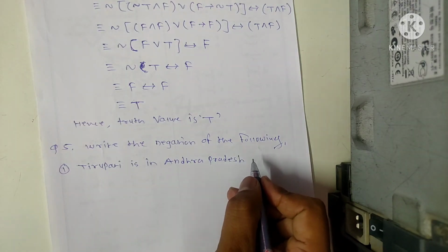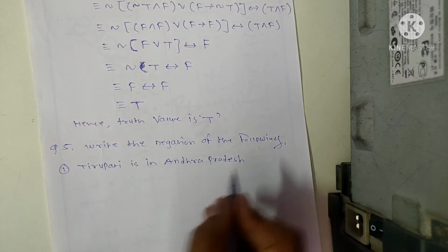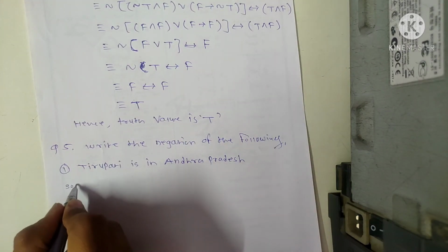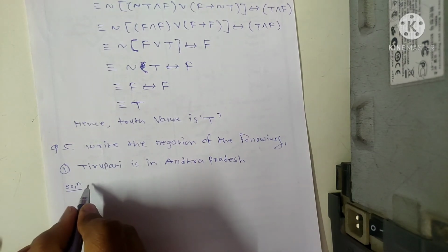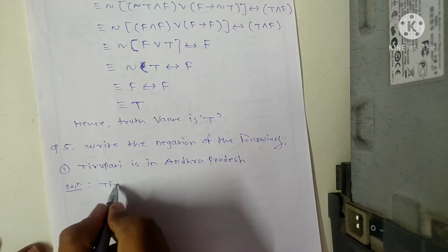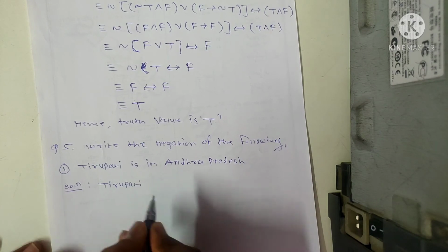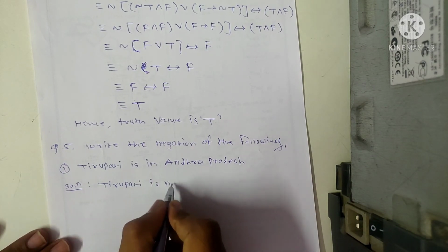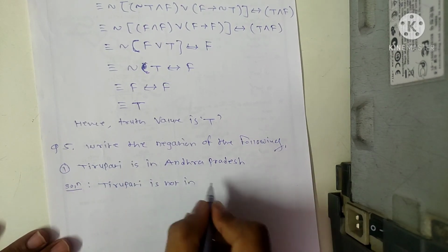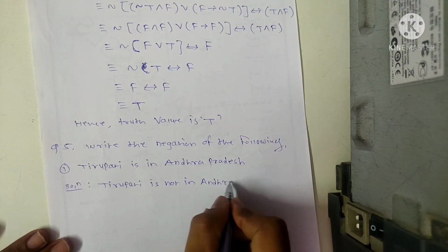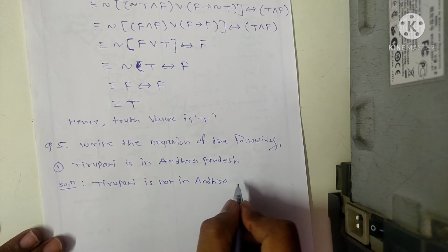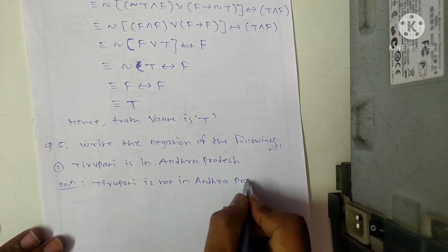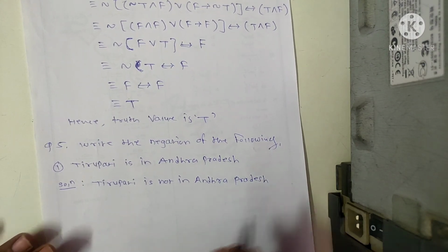Now we write the negation of this, that is, Tirupati is not in Andhra Pradesh. Solution: we use the word not here only. Tirupati is not in Andhra Pradesh. This is the negation.